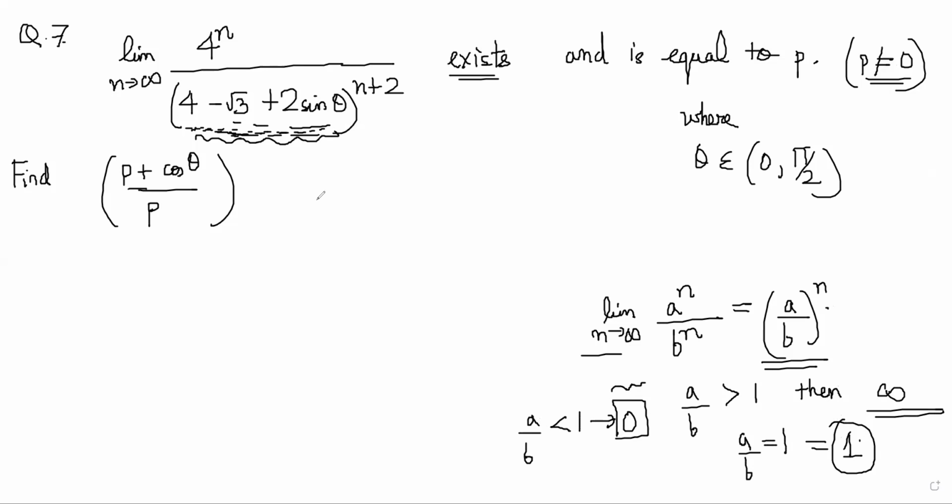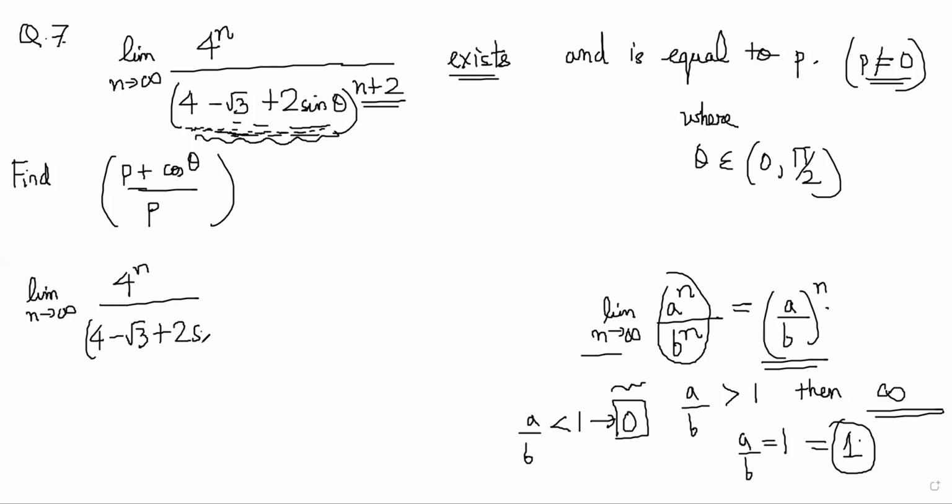By the way, the expression right now is not a by b power n. It is n plus 2 here and n here, right? So let's write it like this. Limit n tends to infinity of (4 by 4 minus root 3 plus 2 sine theta) power n, multiplied by (4 minus root 3 plus 2 sine theta) square.